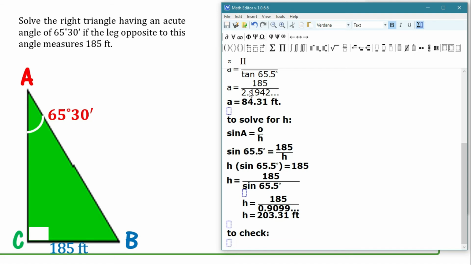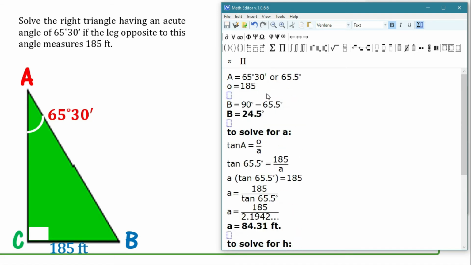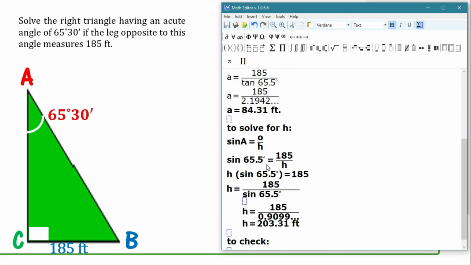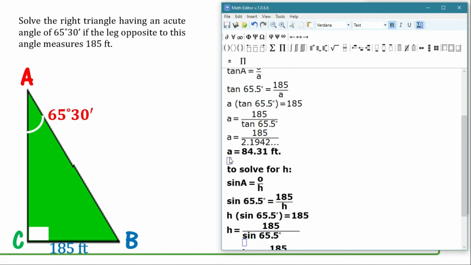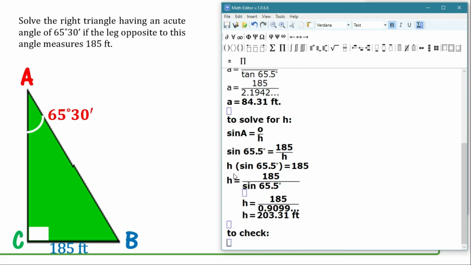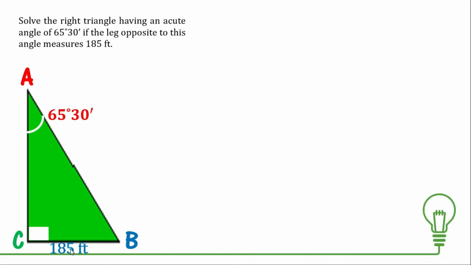To check, let's say for example, we are to check, since hindi naman natin kailangang i-check si B because that is very simple. To check for the value of A, pwede natin gawin is for us to get the co-function of this one. Okay, so pwede natin gawin, since si A yung hinahanap natin at ito yung ating given.